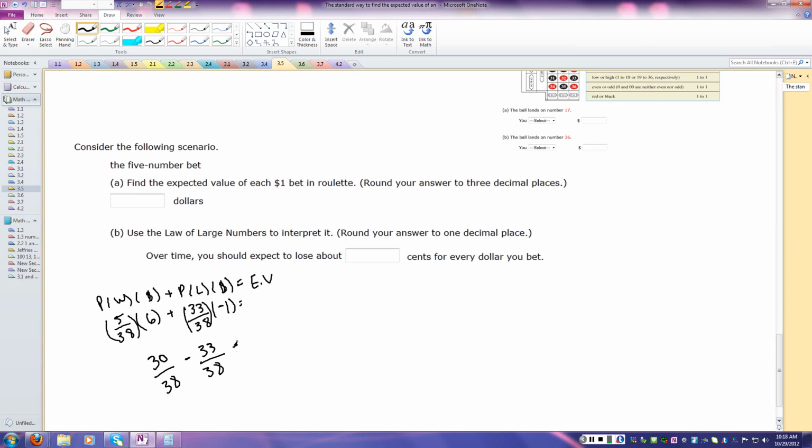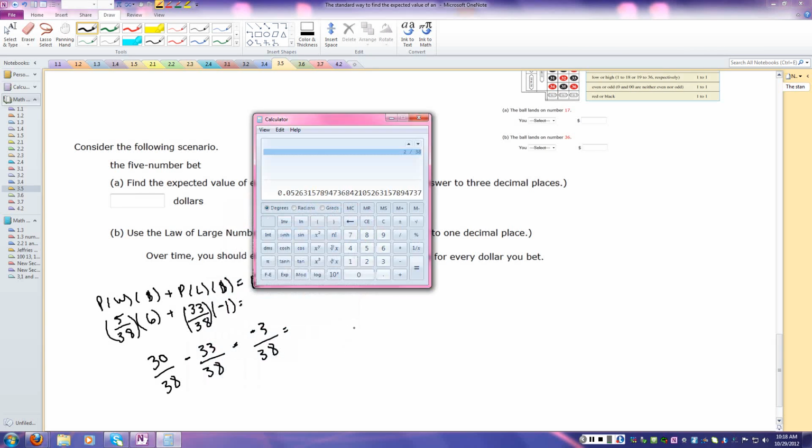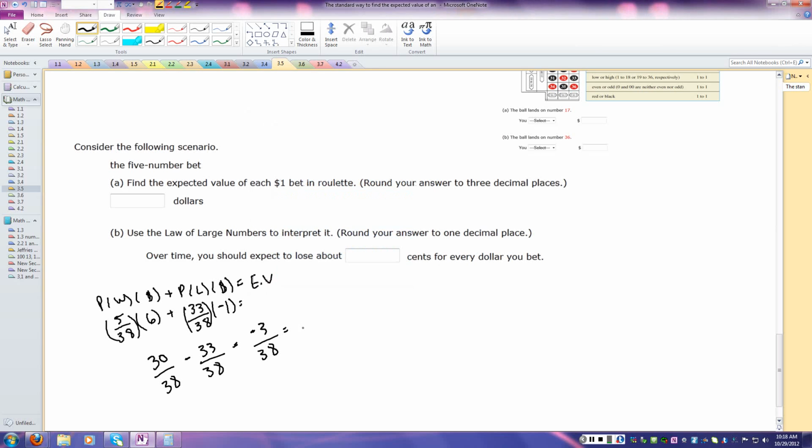So I have minus 3 over 38, which if I plug that in my calculator, 3 divided by 38, I get 0.0789. Of course, it's negative. I want to round my answer to 3 decimal places, so I would have negative $0.079. The law of large numbers, I'm going to expect to lose 7.9 cents for every dollar I bet.